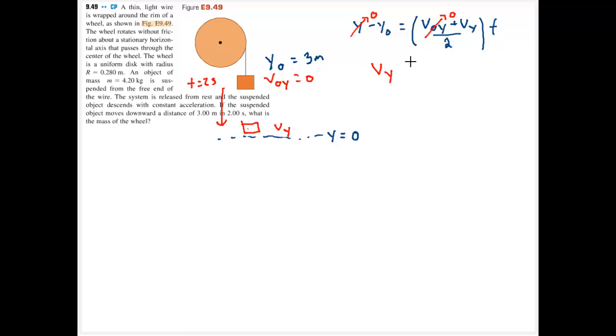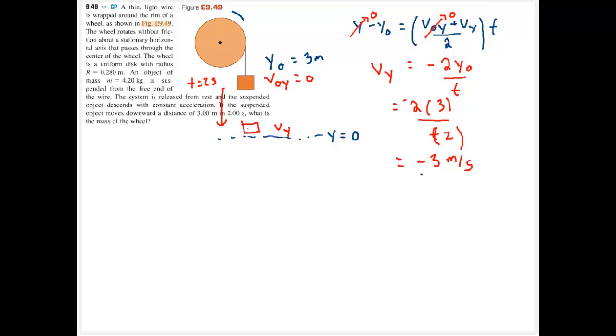So the velocity at point y is simply going to be negative 2 times the initial position divided by the time. So negative 2 multiplied by 3 meters divided by 2 seconds, and I'm going to end up with negative 3 meters per second. All that negative really means is that it's in the downward direction.